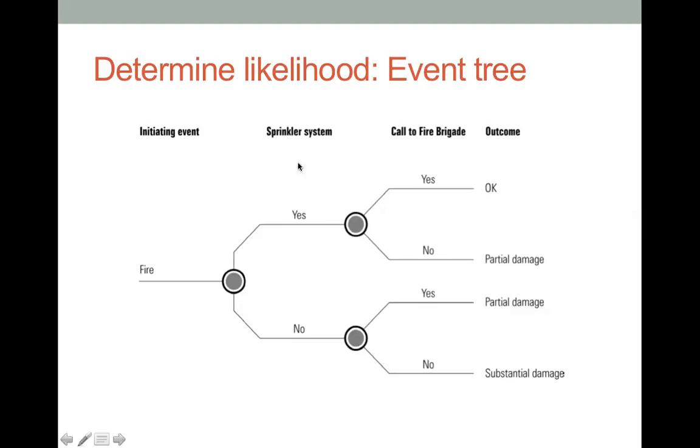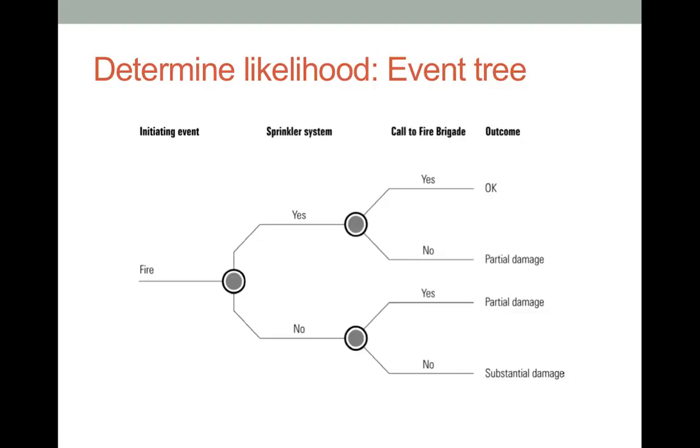We can look at 2 systems here: the sprinkler system, and the communication with the fire brigade as a system. This event tree uses a 50-50% chance. The chance for the sprinkler system to work properly is 50%, and to fail is the other 50%. The same thing happens to the communication to the fire brigade, 50-50 as well.